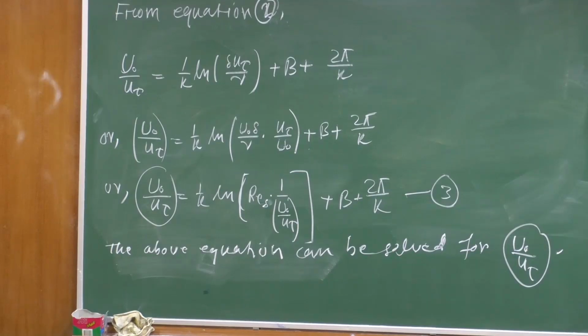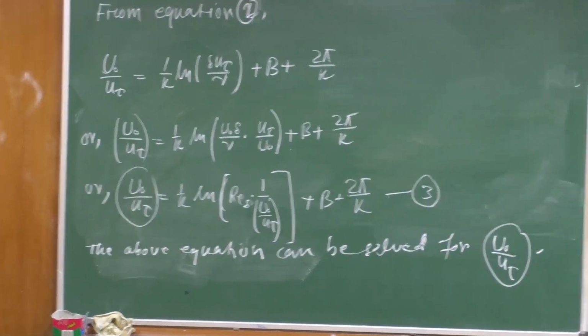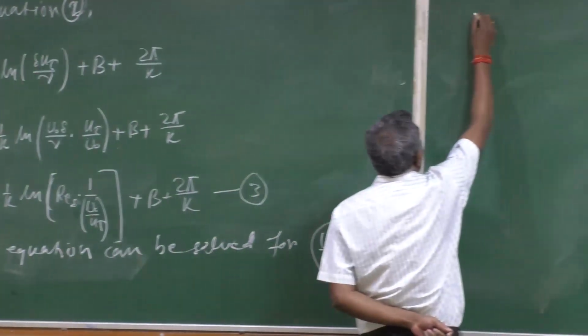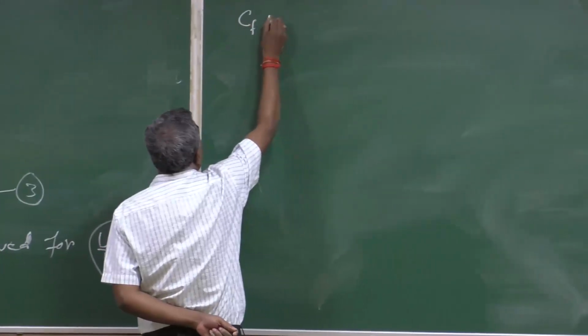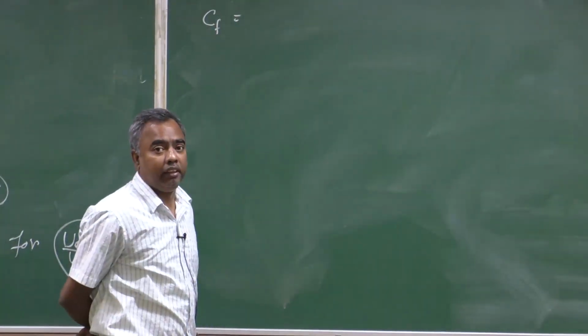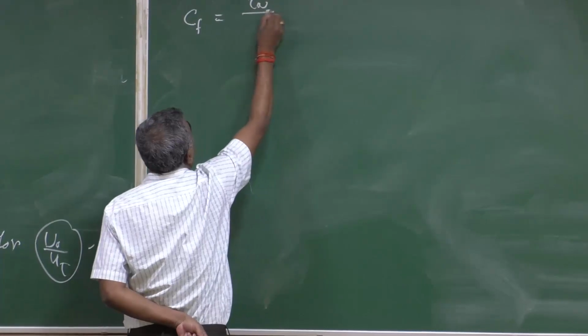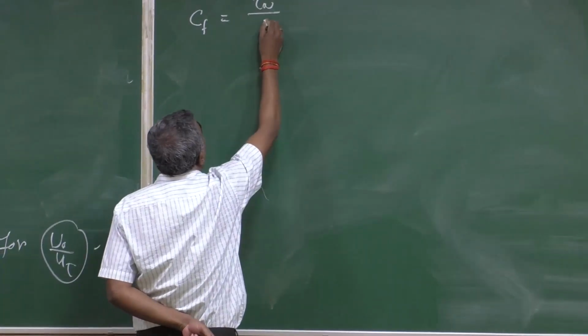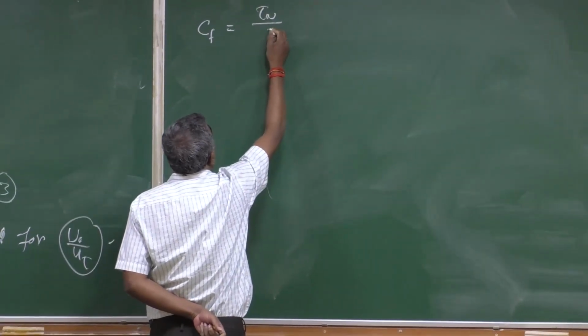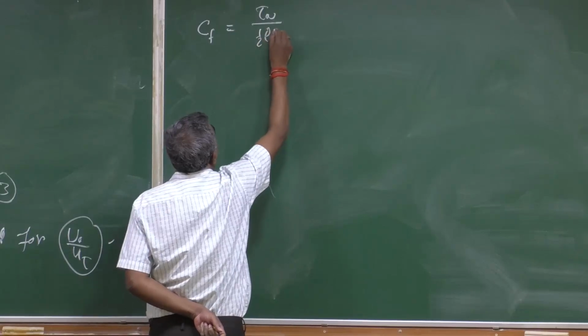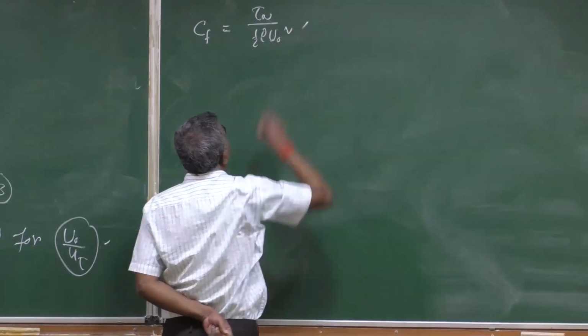Let us just find it out. Now, what is the definition of skin friction coefficient? By definition the skin friction coefficient is given by tau w by half rho u naught square, right.